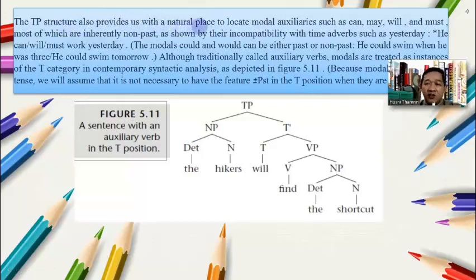Nah, modal auxiliary itu adalah can, may, will, and must, most of which inherently non-past. Kesemua bentuk modal auxiliary itu bukan masuk ke dalam kategori past, tetapi dibedakan dalam bentuk non-past.